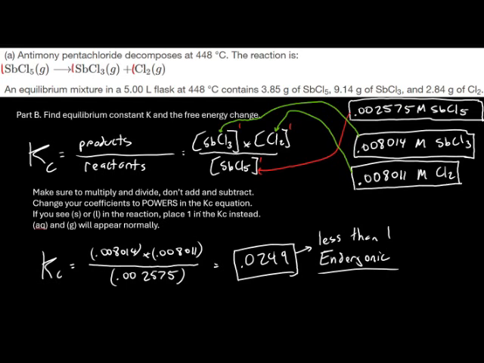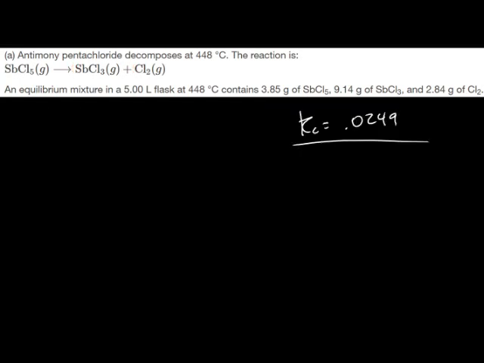For the final part of the question, we'll find the free energy change of this reaction. To find the free energy change, we can say that delta G standard equals negative RT times natural log of K. For the R, we'll use 8.314 E negative third kilojoules per mole Kelvin.